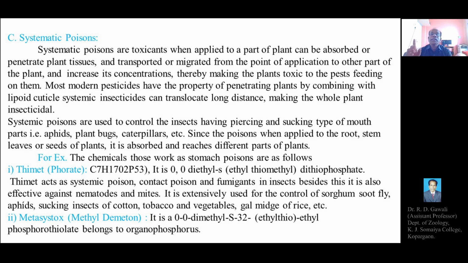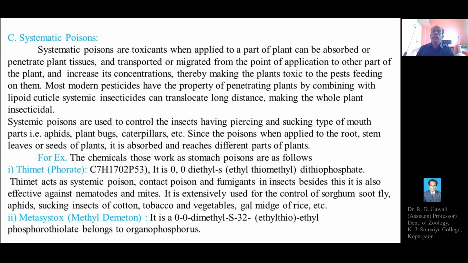The systematic poisons, or toxicants, when applied onto the plants or the crops, are absorbed by the plant parts or penetrate into the plant tissues, and are transported throughout the plant, from the point of application to the different parts of the crop plant.